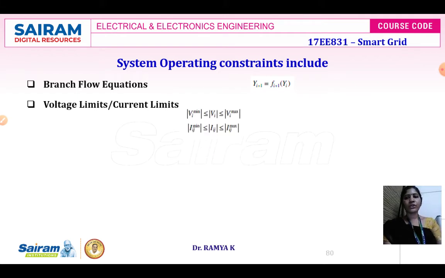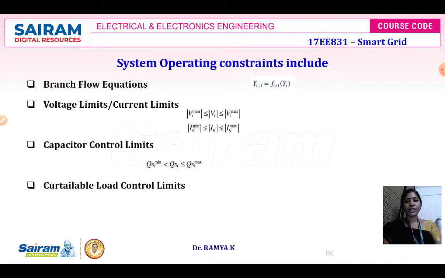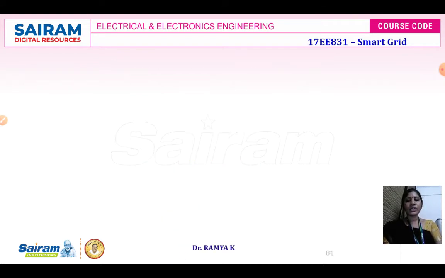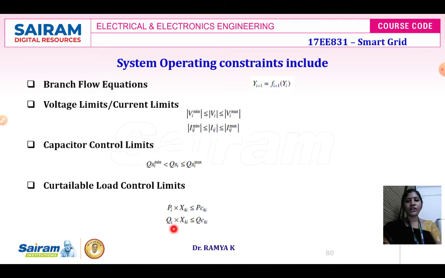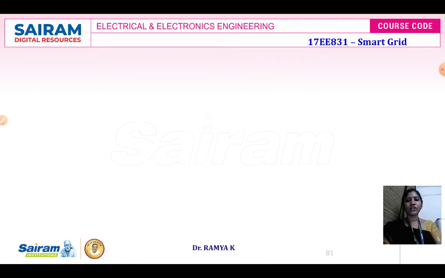Then the voltage limit and current limit is given as Vi minimum, Vi maximum. Capacitor control limit, Qs minimum, that is the minimum value, and the maximum value is decided with the capacitor power flow. Curtailable load control limit is given with the limit of P and Q, real power and reactive power.